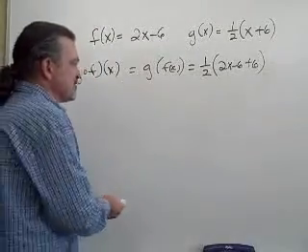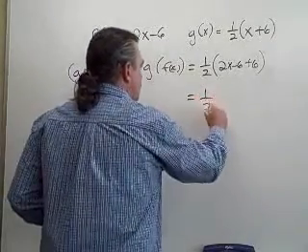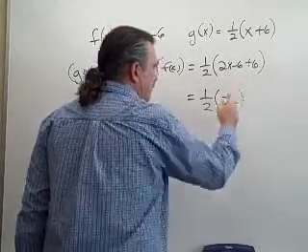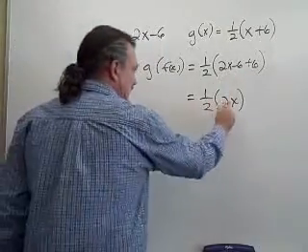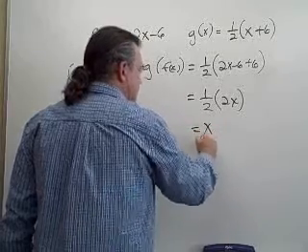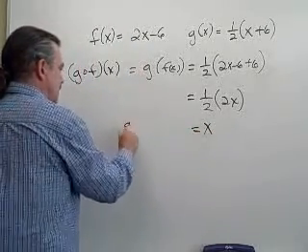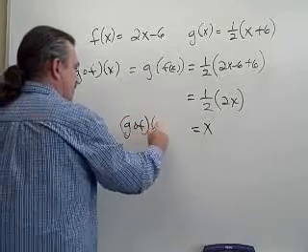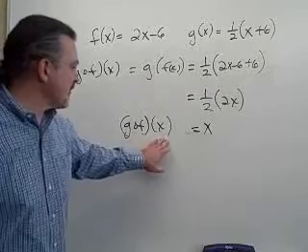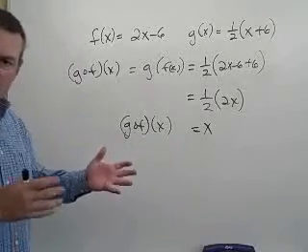And now let's see if we can simplify. Well, this is 2x, isn't it? -6 plus 6 is 0, and 1/2 of 2 is 1. 1 times x is x. So g composed with f of x is also just x.